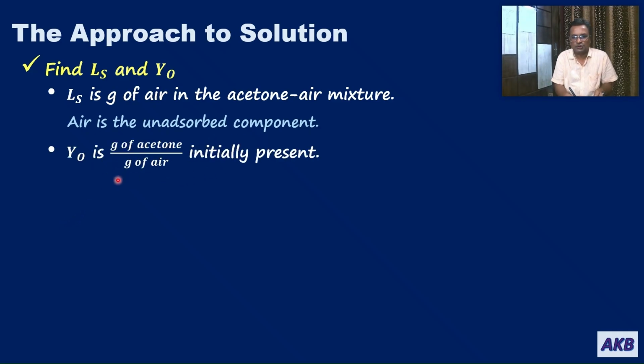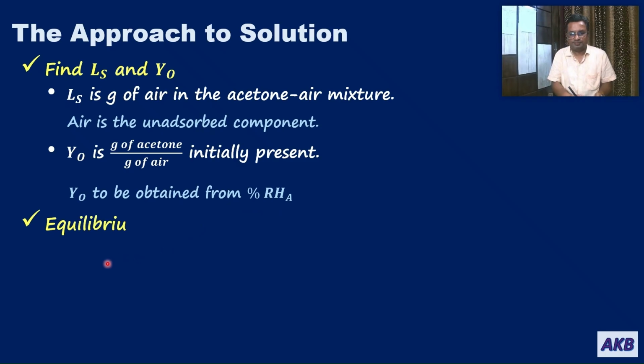It is gram of acetone per gram of air. That is weight fraction of acetone on acetone free basis initially. Y0 is gram of acetone per gram of air initially present. So we are supposed to get Y0. And how are we going to get Y0? We are going to get it from percentage relative humidity, which is given to us.